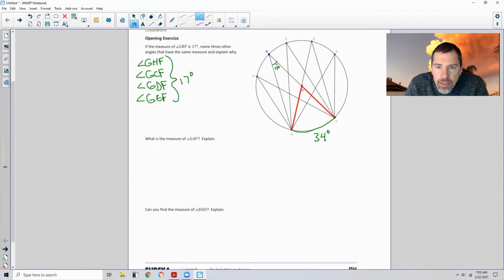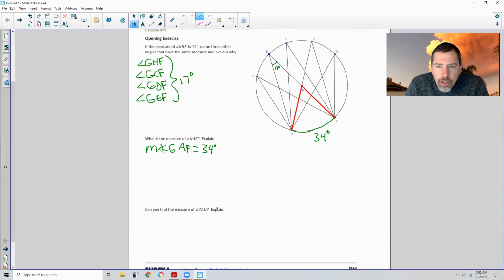So if this is 17 degrees, then this arc is 34. And central angles equal the intercepted arc. So I would say the measure of angle GAF equals 34 degrees because it is equal to the intercepted arc that GBF intercepts, and GBF is an inscribed angle, and inscribed angles are half the intercepted arc.